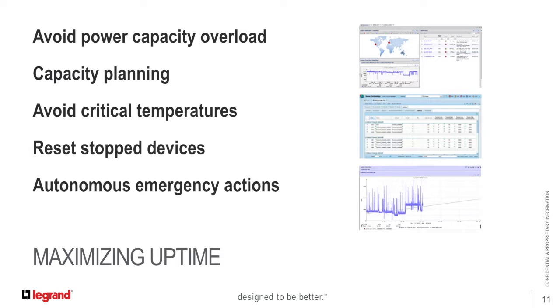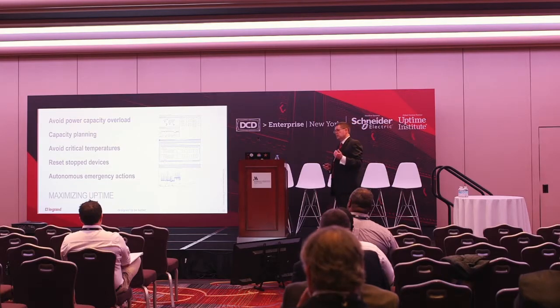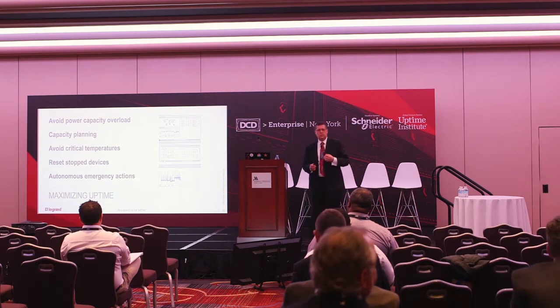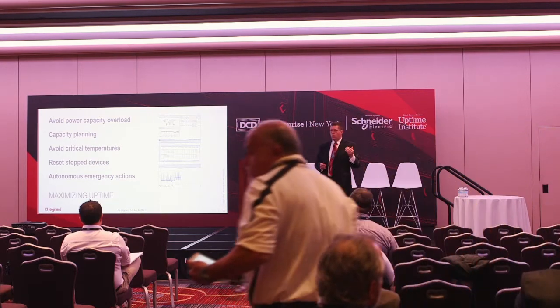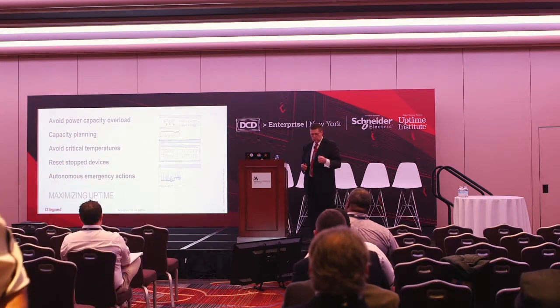You're just distributing that same need, right? You already do this today. There's no rocket science involved in that. You also want to avoid critical temperatures. You want to keep your equipment self-regulating to the best of its ability. You want to automate and have it control itself whenever possible.